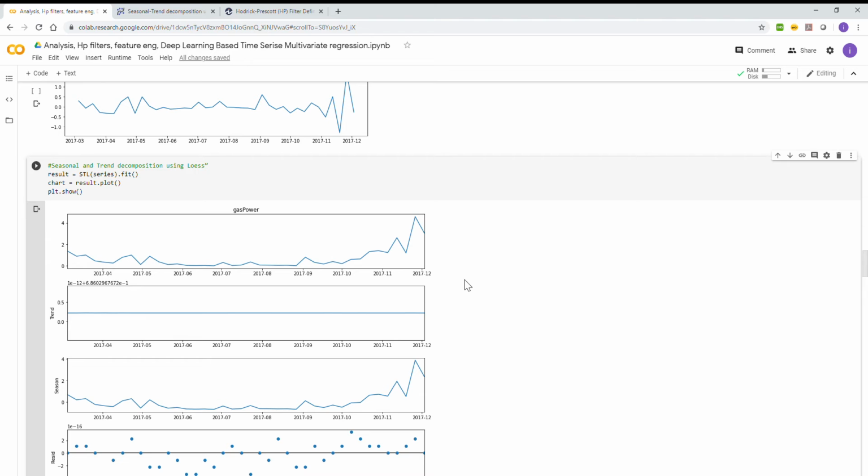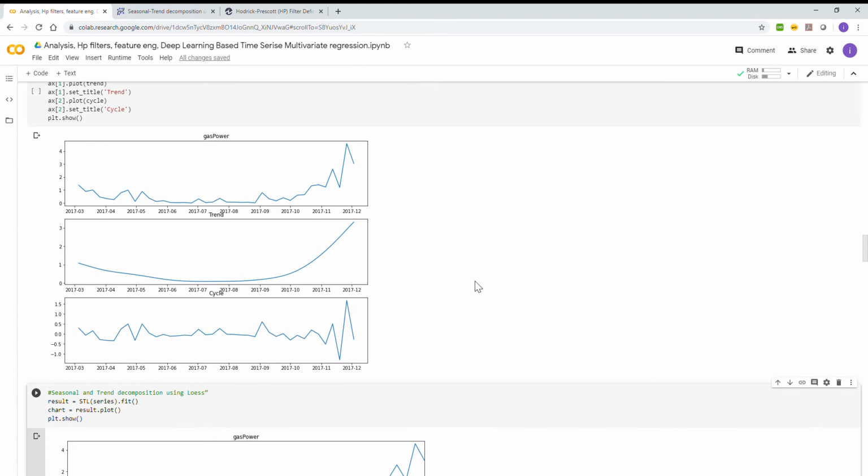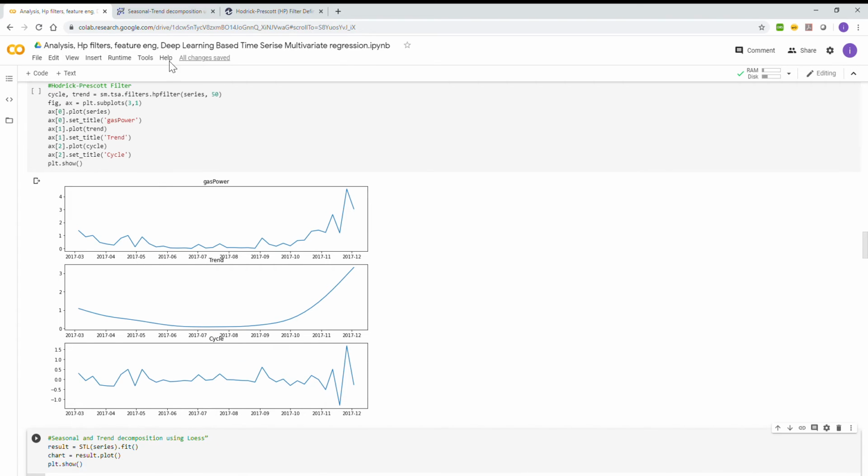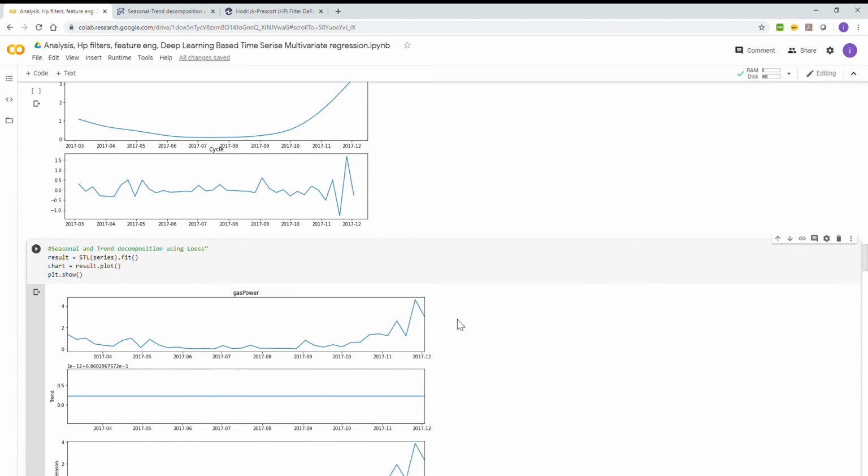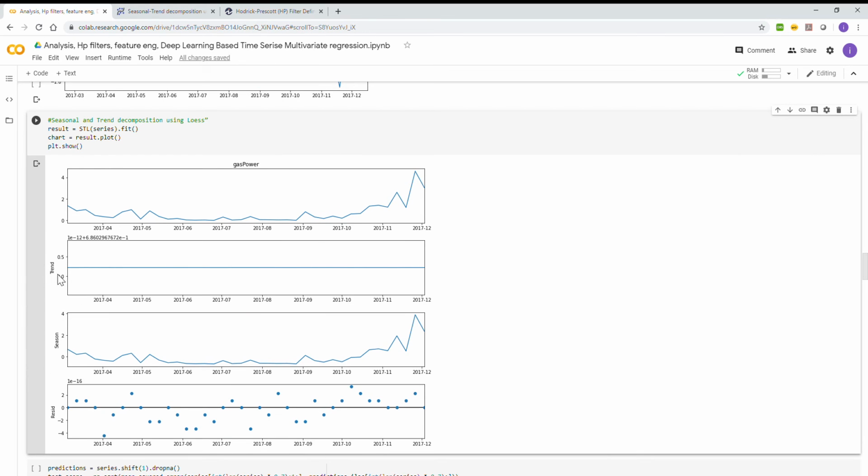One important thing I'm not sure if you have seen over here is that the Hodrick-Prescott filter was able to find a trend. However, it's not showing a trend in the STL.